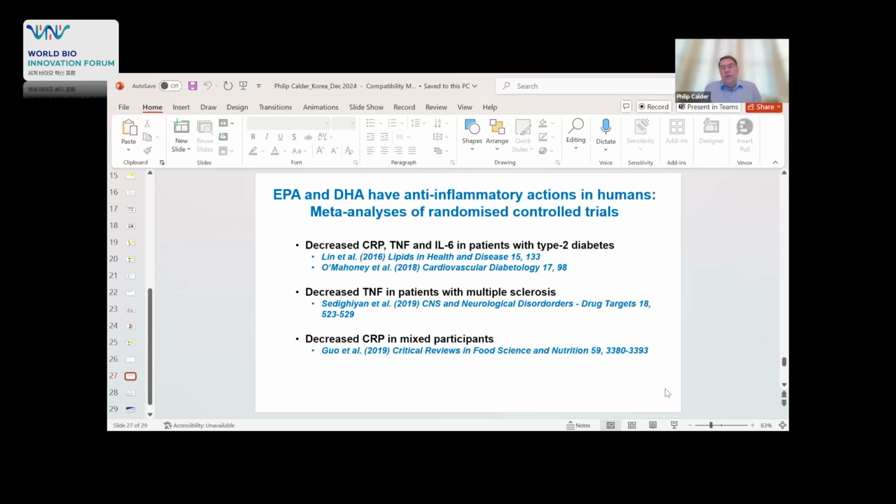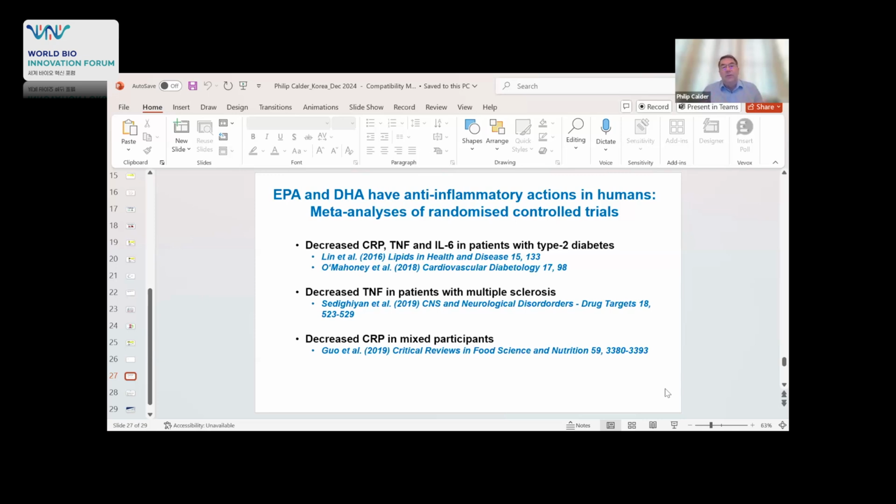So what I've talked about so far is really findings on mechanisms from animal models, and also I showed you data on incorporation of omega-3s and prostaglandin E2 production from human studies. So the question is, do omega-3s actually have anti-inflammatory actions in humans?